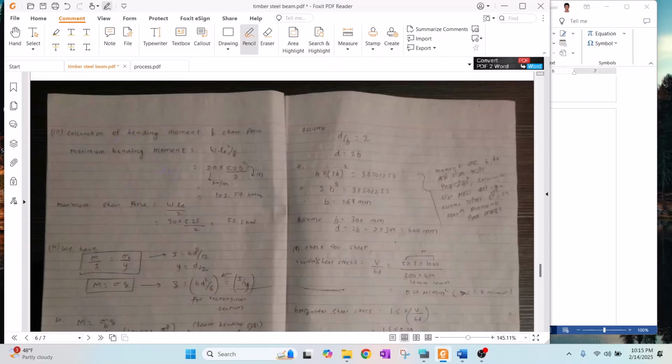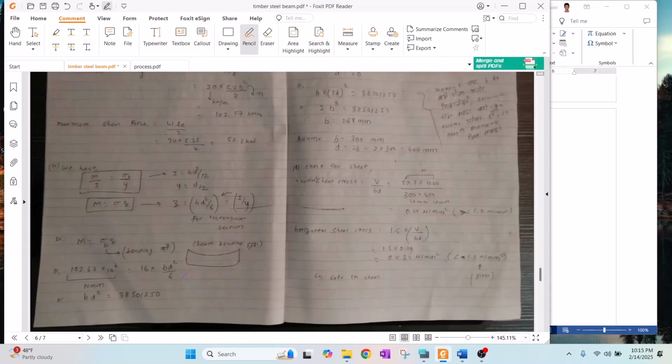As the support condition is simply supported, we can use these formulas to calculate maximum bending moment and shear force. After calculating these induced forces, we can use the flexure equation to find the size of the section at first, and we check this size for other forces, that is shear force, and after all these things, we check the provided section for deflection, whether it is within the limit of permissible deflection or not.